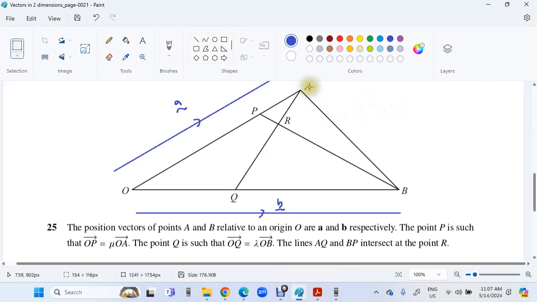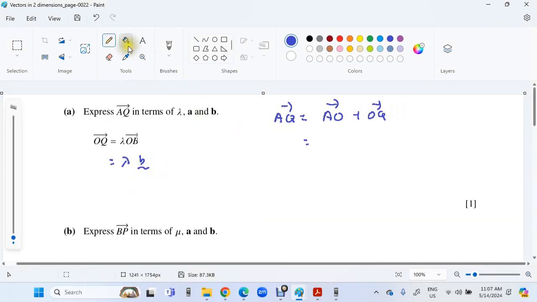A to O is what? A to O will be negative A. So it will be negative A plus lambda B. We want to find BP.